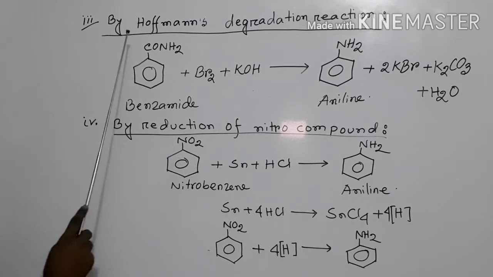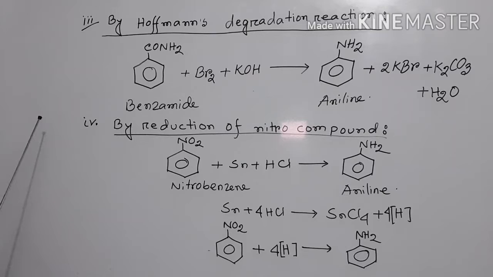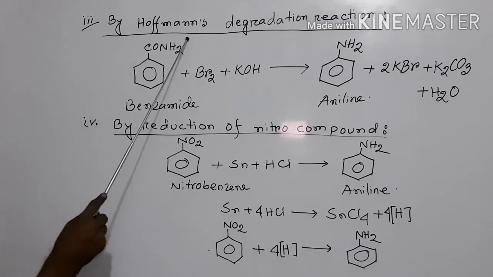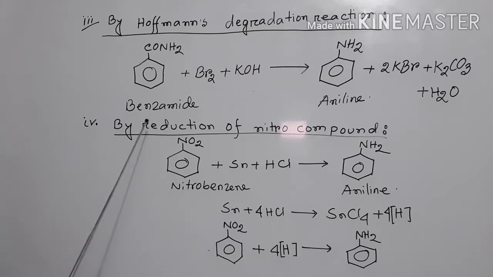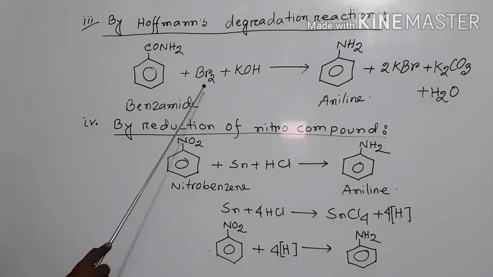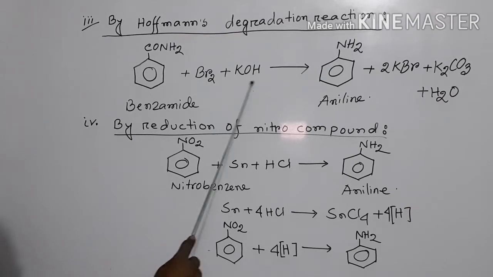Now, preparation number 3, preparation of aniline by Hofmann's degradation reaction. When benzamide reacts with bromine and potassium hydroxide, this reaction produces aniline.